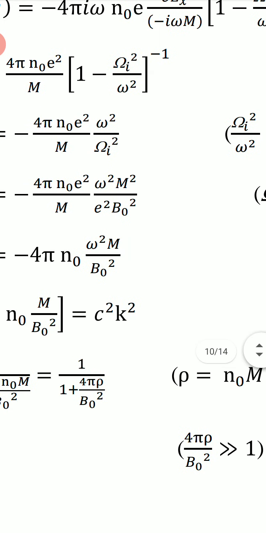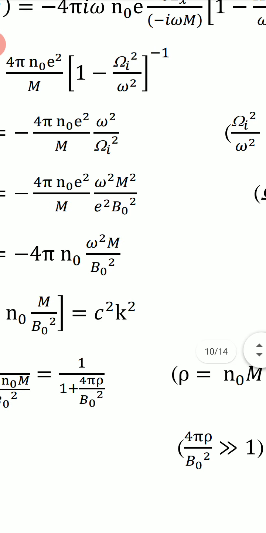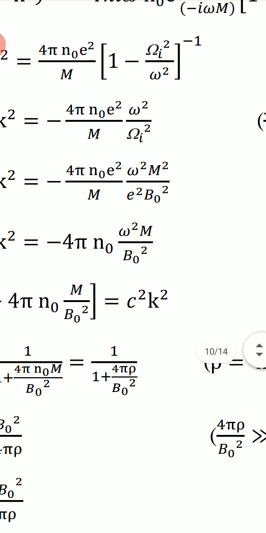So in this term inside the bracket, we can assume 1 as a negligible quantity and we neglect it, and minus omega_i square upon omega square to the power minus 1 will give minus omega square upon omega_i square.